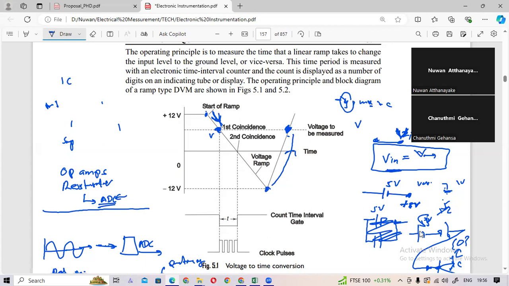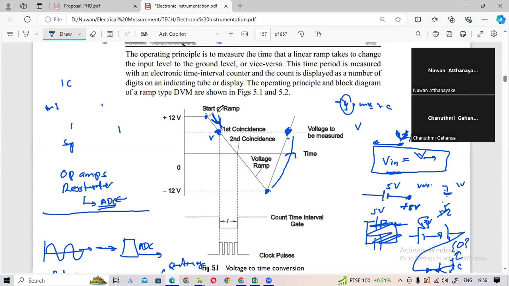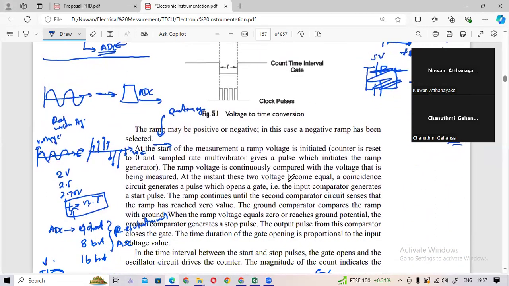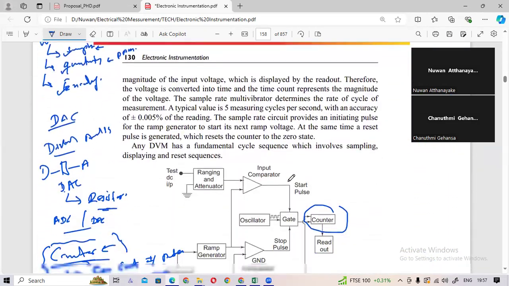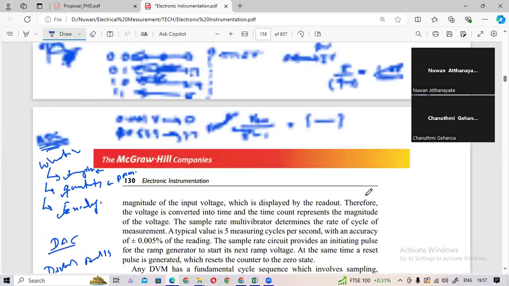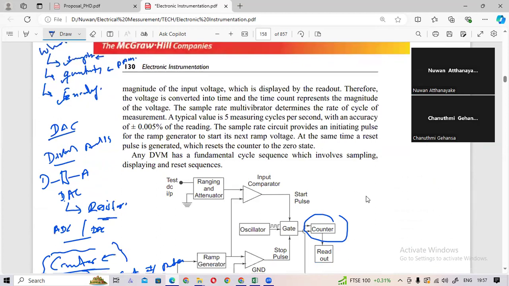So that is the principle of the ramp type voltmeter. Maybe you couldn't understand it properly. What you should understand is that in the ramp type, we are generating a ramp signal. That ramp signal starts from a high value to some lowest value, then again it is increasing.